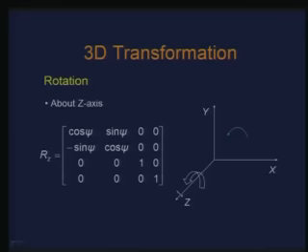Now, if I look at, for instance, rotation about the z axis, this is what the scenario is. Again, I can look at this rotation as something similar to a rotation in the xy plane, which is given by this.